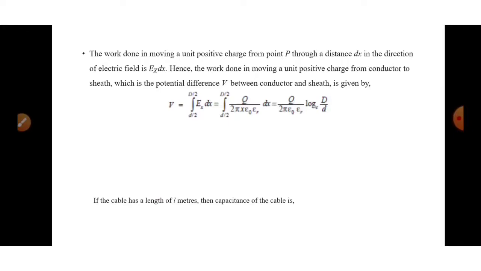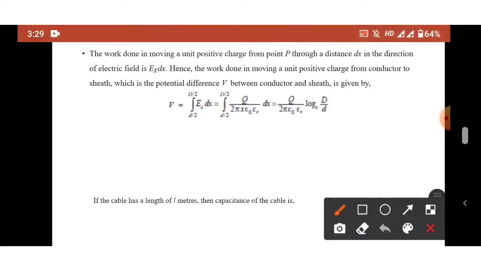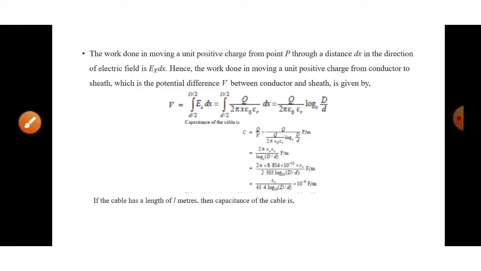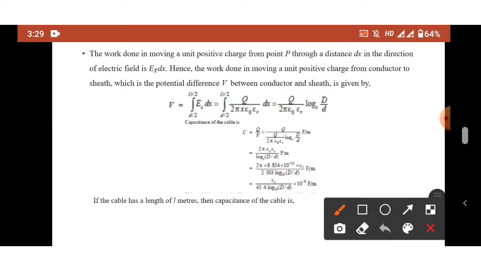So integrating 1 by x, we will get log x, and applying the limits, we will get log D by d, that is, log of internal sheath diameter by conductor diameter. And the capacitance of the cable is C is equal to Q by V. So substitute V here, then Q will get cancelled, then we will get 2 pi epsilon 0 epsilon r divided by log D by d farad per meter.